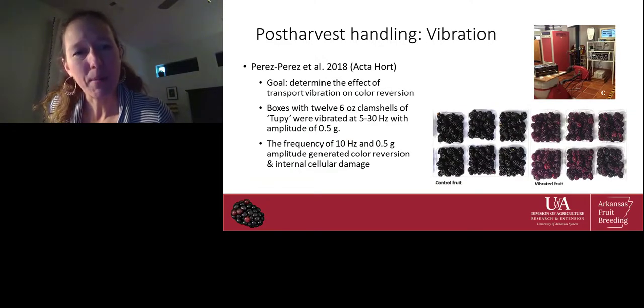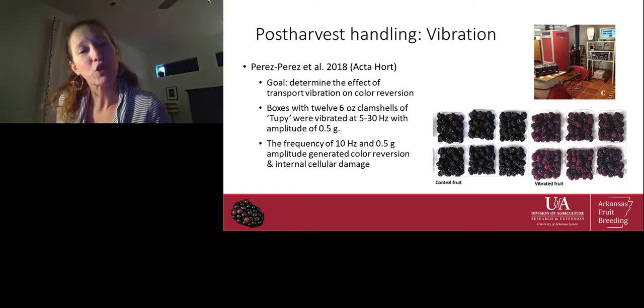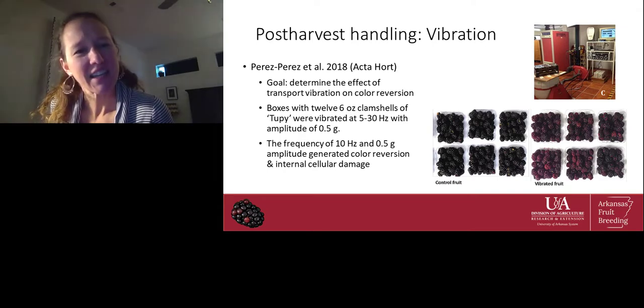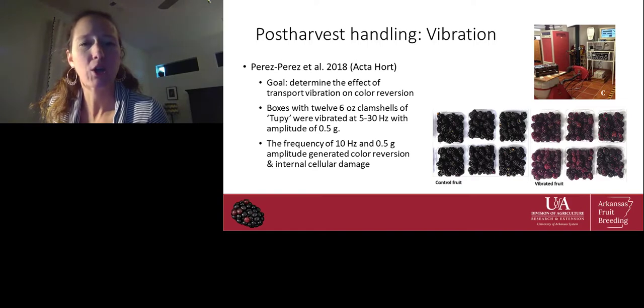I also want to talk about vibration during shipping and its effect on red drupelet reversion. There was a group out of Mexico led by Perez who did a study investigating the effect of transport vibration on color reversion.